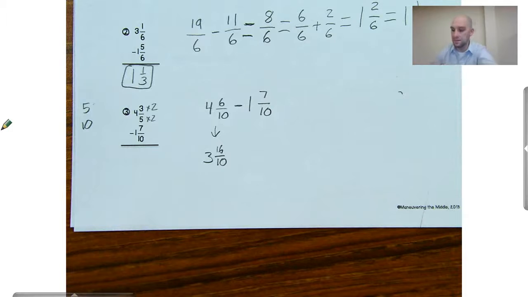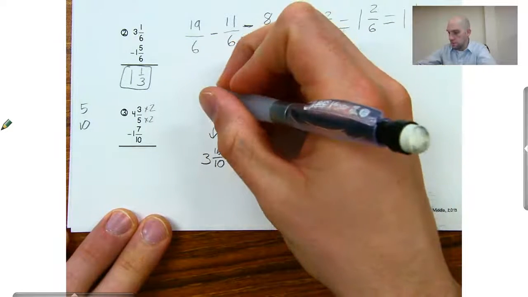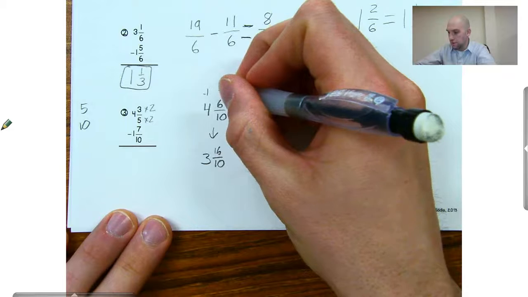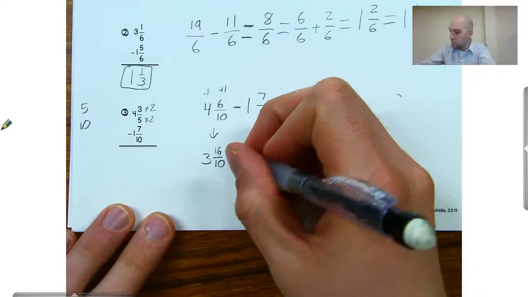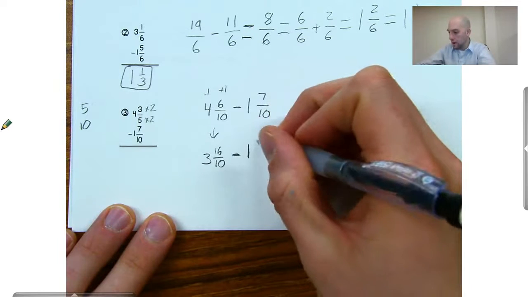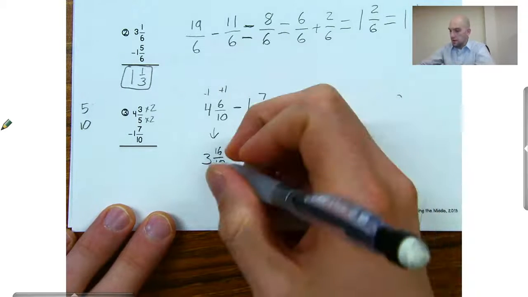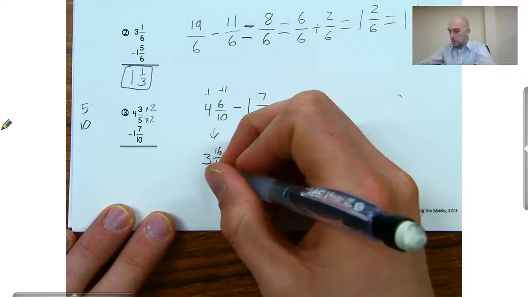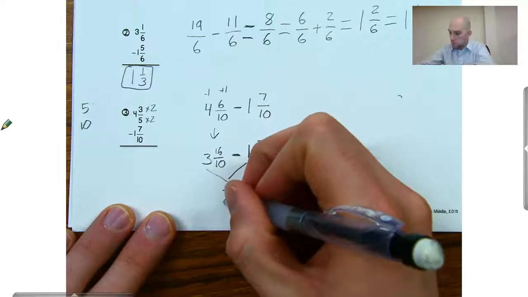I'm adding 10/10 to my fraction, 6/10, and I'm taking 1 away from my whole number. I'm subtracting 1 here, and I'm adding 1 to my fraction. So I'm keeping the value of that the same. And then I'm subtracting 1 and 7/10. I can subtract my whole numbers. 3 minus 1 is 2.